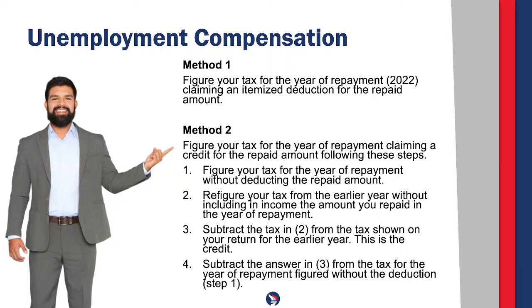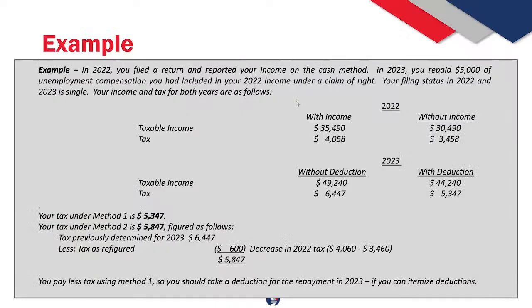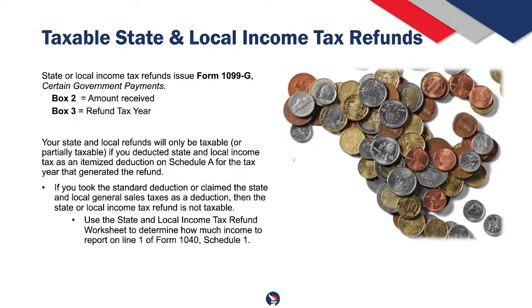Four, subtract the answer from 3 from the tax for the year of the repayment figured without the deduction. We spend a lot of time talking about this. I have been doing taxes for over two decades. Never seen this. Don't worry about it a lot. But here it is in force for the example. Like I said, I'm not going to go into a lot of detail about this because it's very obscure. Does not happen very often.